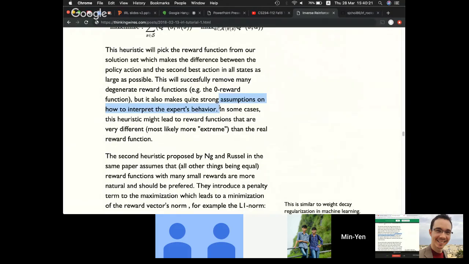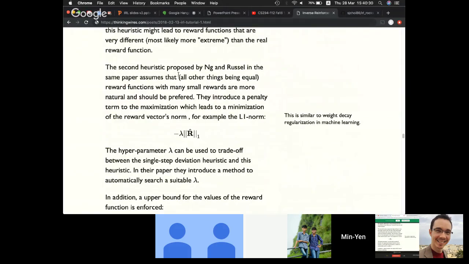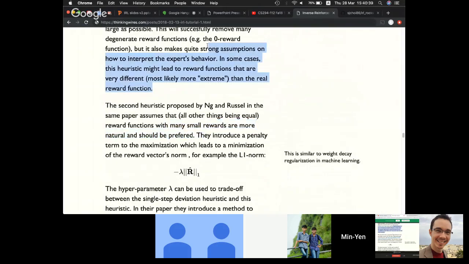So we don't want that. Sometimes we have this problem where an optimal policy just picks up on some extreme cases, right? So the second heuristic proposed is that many small rewards are more natural and should be preferred. So this is countering this part, right? You're saying, I want the one that's optimizing the reward, but maybe I don't want it to be dependent on any one component. So for example, I guess, again, I'm making this up, but maybe you guys can help me with this.